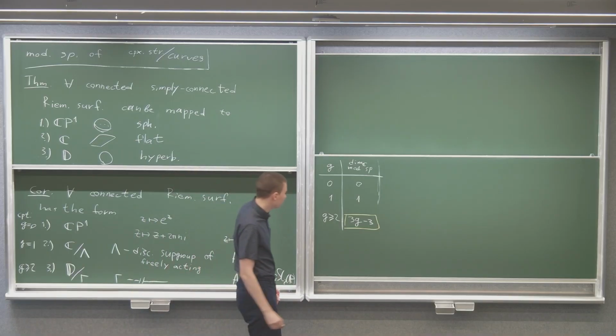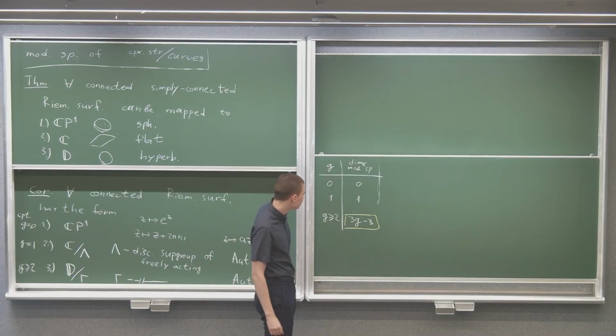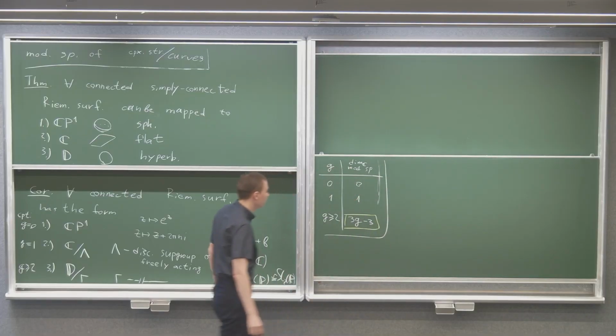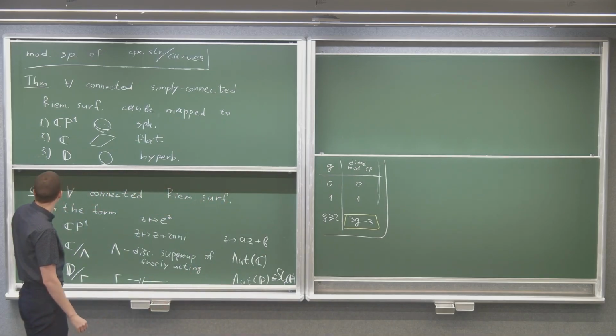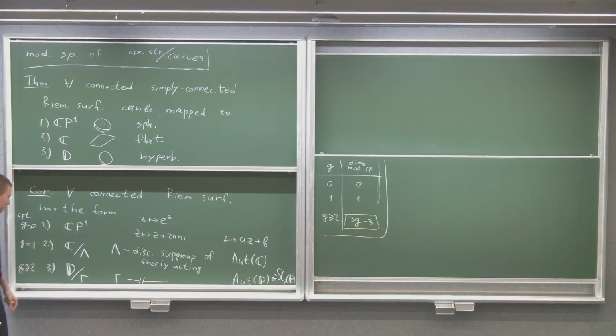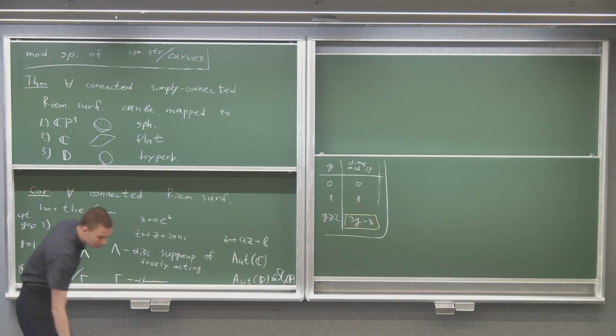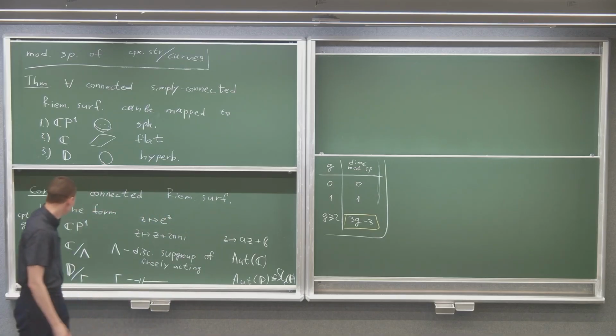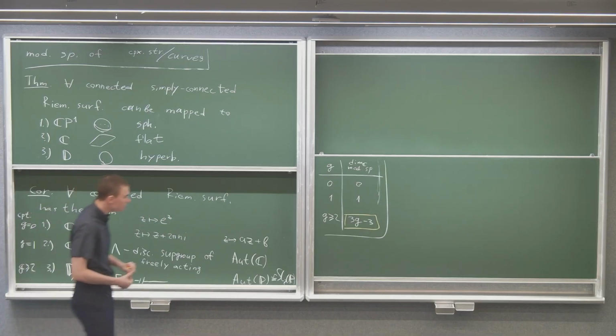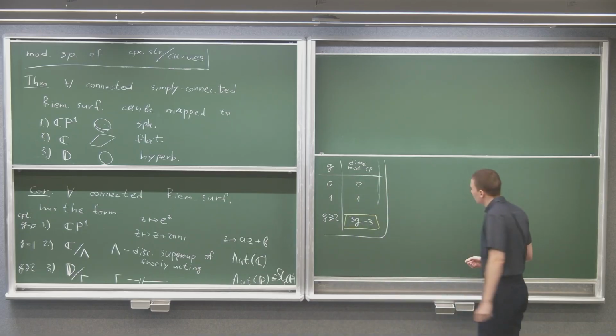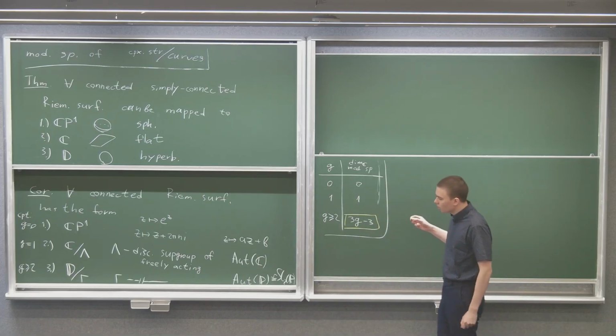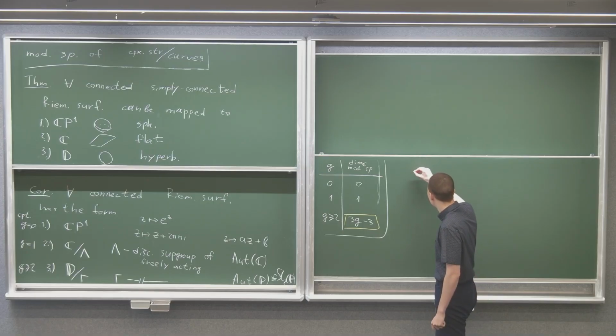Okay, so first, to get this number, we'll have a bit of a warm-up. We'll get this one by geometric means. Here's how we'll do it. I said that every elliptic curve, every torus, has the form C quotiented by some lattice. Let me just draw it.